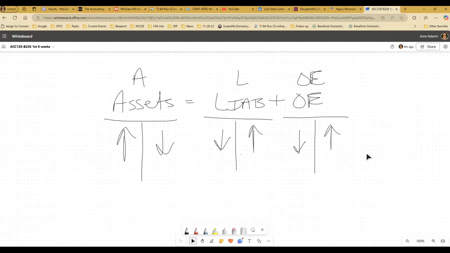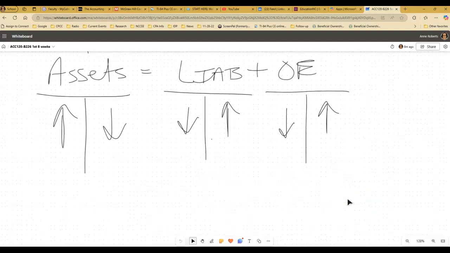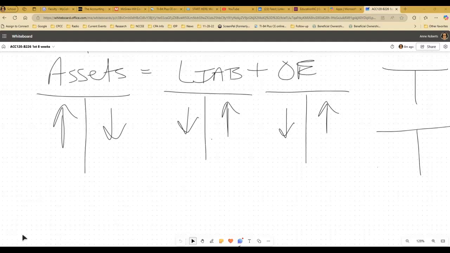The only thing that we're adding in Chapter 3 is down here underneath the owner's equity piece of the puzzle. Hang on. All right, so we're going to throw it out here to the side, but just remember that all we're doing in this scenario is we are adding 3 additional accounts, all of which are under owner's equity.